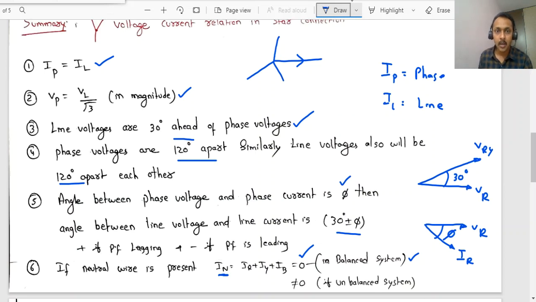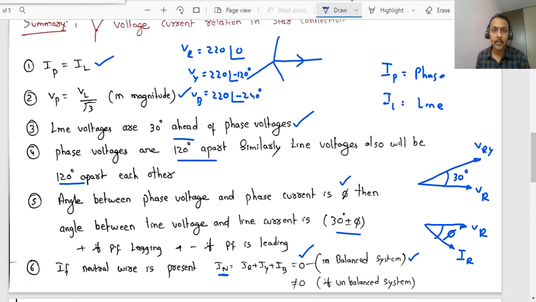Balanced system means in all the phases, for example VR, VY, VB, all must have the same magnitude, for example some 220 volts, but angle wise they must differ by 120 degrees: 0, minus 120 degrees, and minus 240 degrees, with the same magnitude.